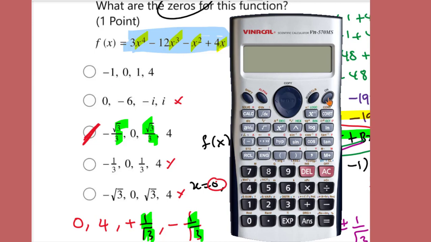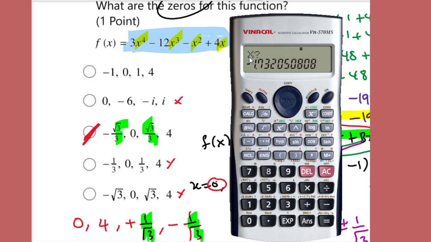First key in the whole function. Involving the variable, hit the alpha x button, the pink x. Key in 3x to the power of 4, minus 12 alpha x to the power of 3, minus alpha x squared, plus 4 alpha x. Then hit the calculate button.